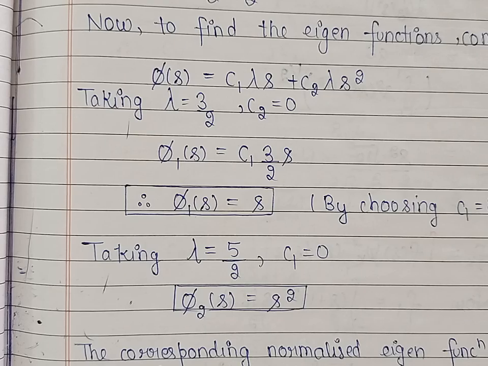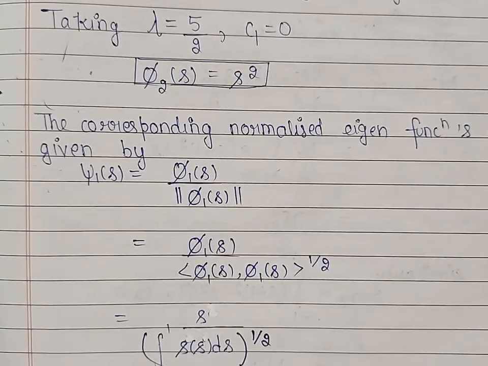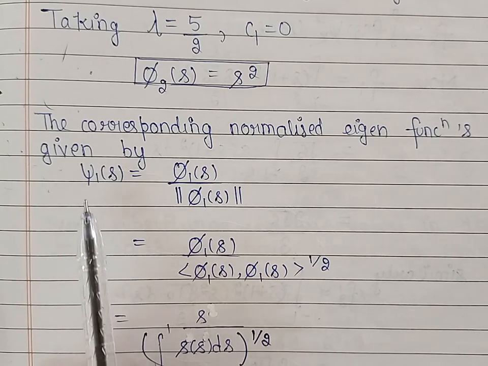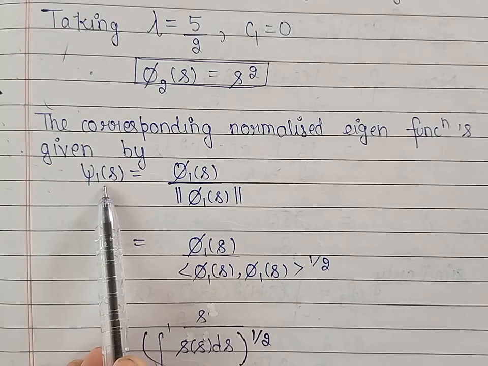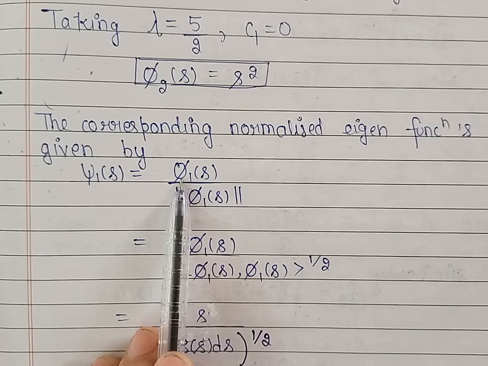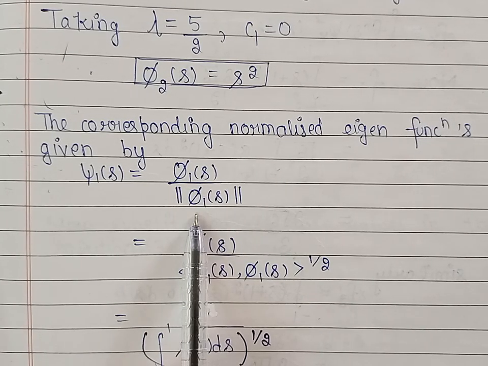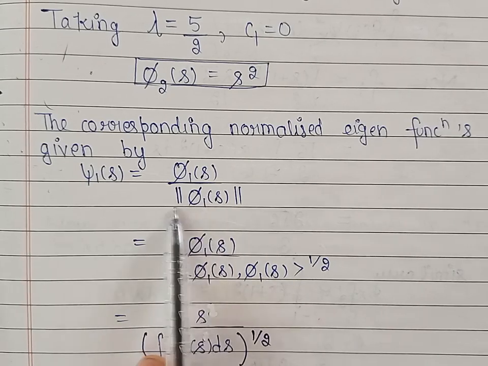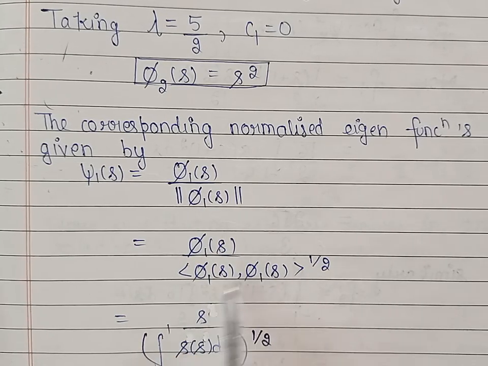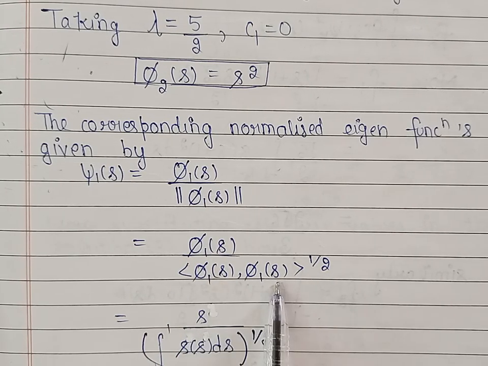Now let us normalize these eigenfunctions by dividing these functions by their norm. So the normalized eigenfunction corresponding to phi 1 is obtained by dividing phi 1 by its norm. Now by definition, the phi 1 norm means the square root of the inner product of phi 1 with itself.